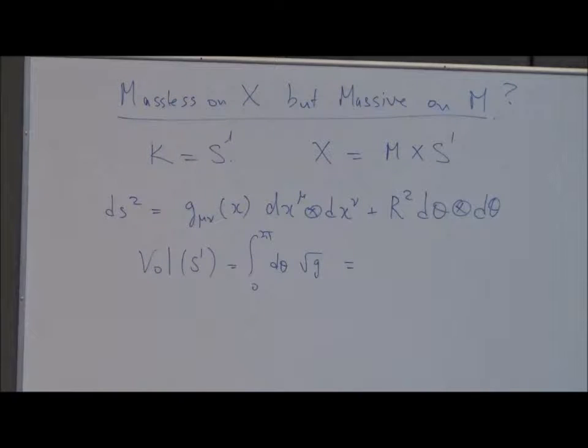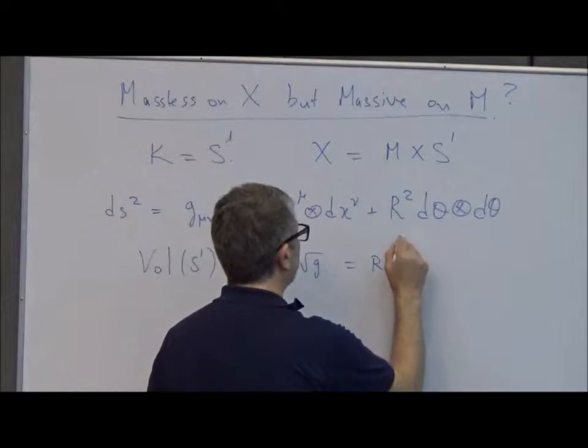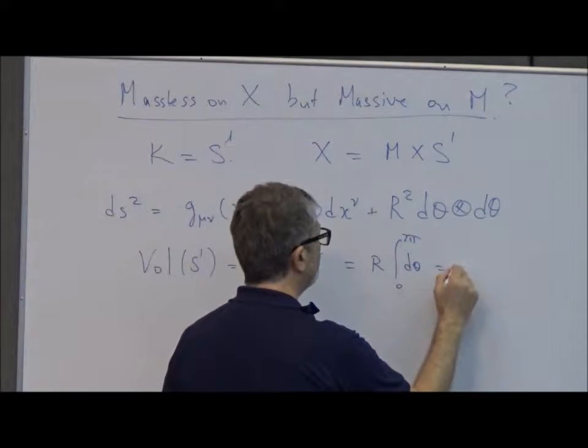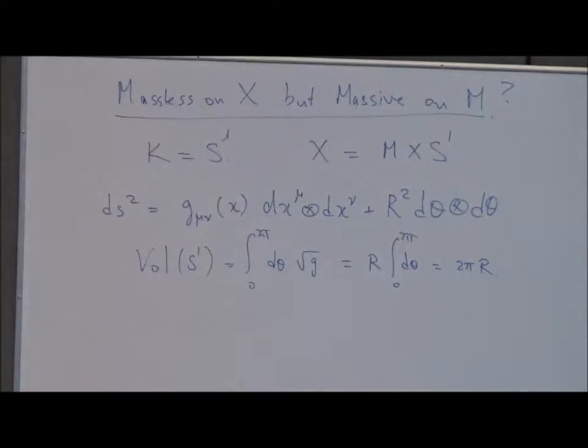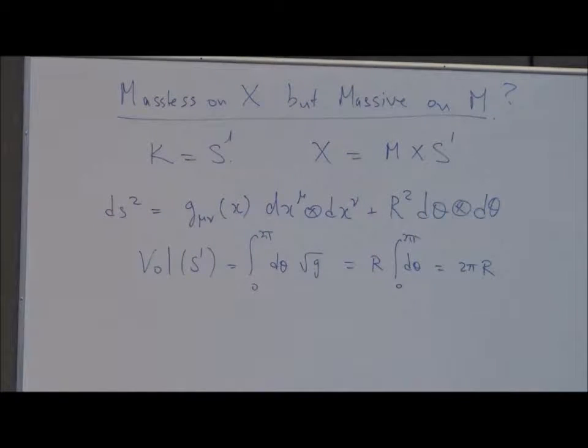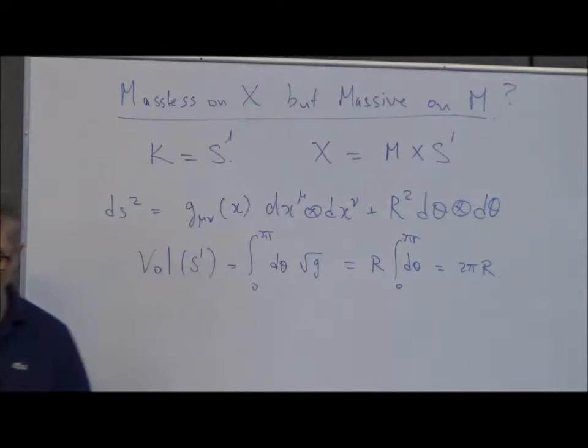The determinant of g_θθ is g_θθ, so that's still r squared. The square root of the determinant is r. Remember, you're always taking the positive root when you take the root. So this is just r, integral 0 to 2π, dθ. Whoa! Okay, we can go home because that's a great result. So you can tell why I chose r squared there. If I chose 2r squared, we've got something different.